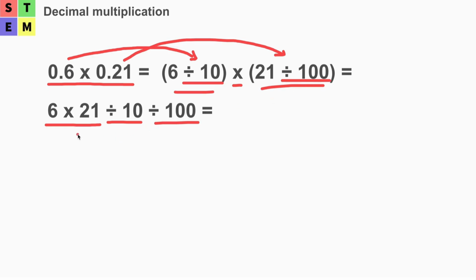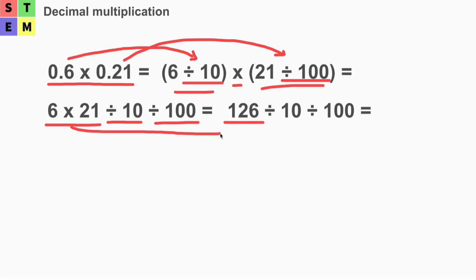So now we have what? We have 126, that's from 6 times 21, right? And divide by 10, divide by 100, which equals 0.126. So let's take a look.